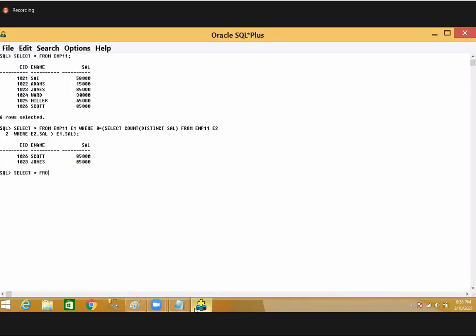So let's write like this here. Select star from EMP11 E1, where how much do I want to keep here? 2. So 2 is equal to, can I write the same inner query now? Can I write the same inner query or not? Yes.